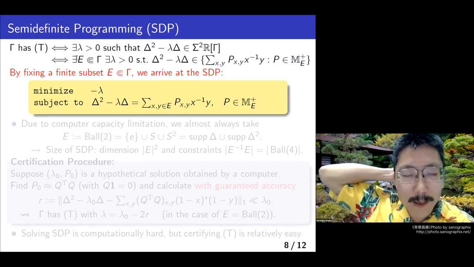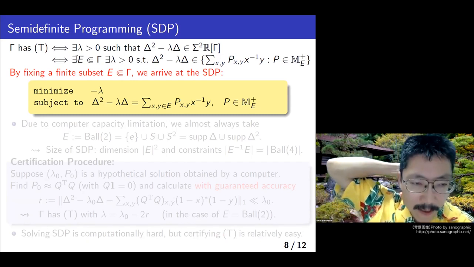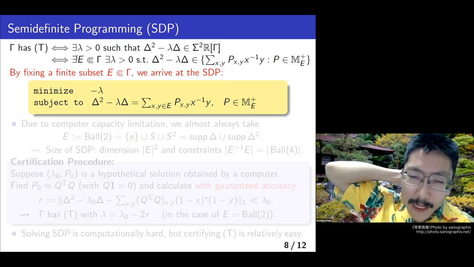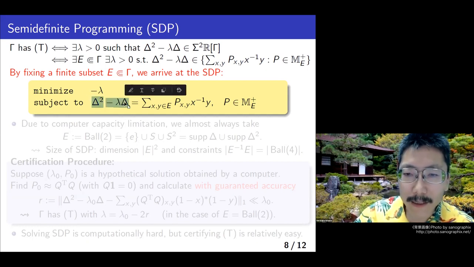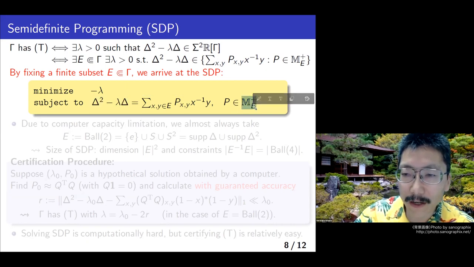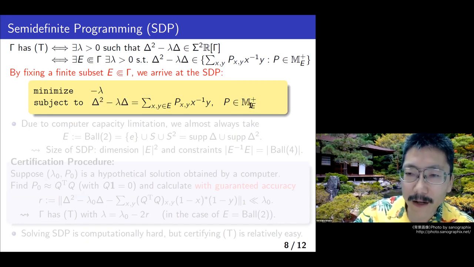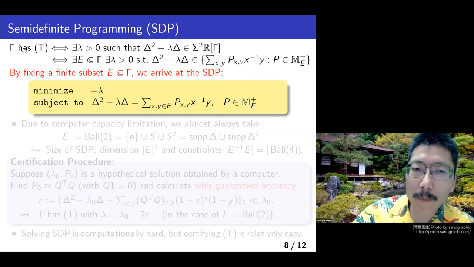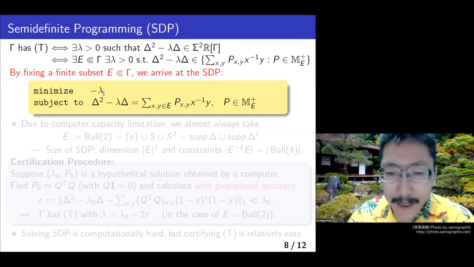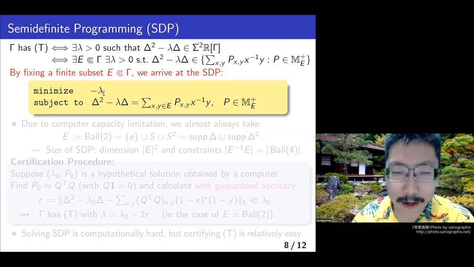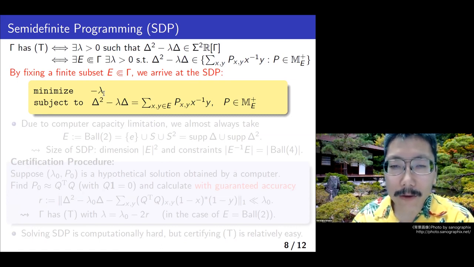Now about the decidability of this problem. If you are interested in decidability, we restrict to E, so even if gamma has property T, you may not solve this inequality on this search area E. You might have to enlarge E. But if gamma has property T, eventually you know that gamma has property T by enlarging E. So in this sense, property T is detectable, provable by a computer algorithm, but in fact it's not decidable.